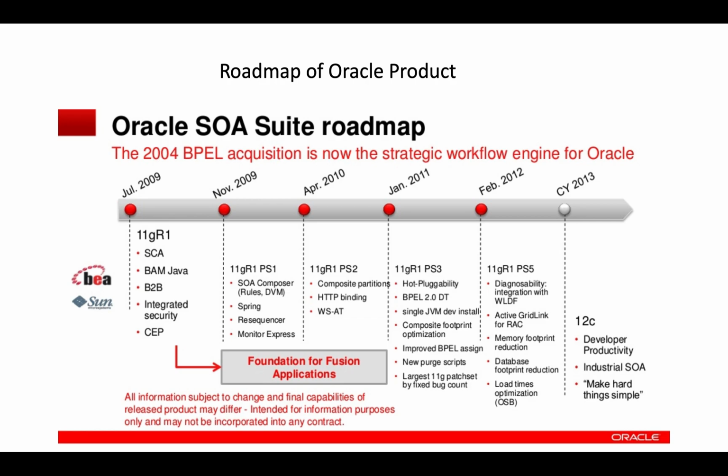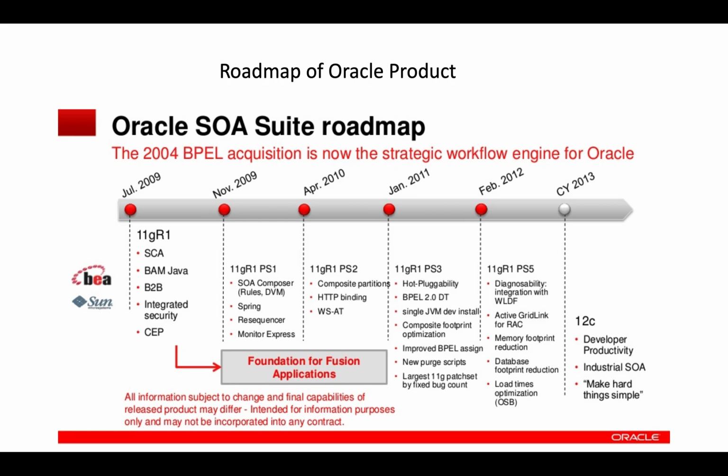The Oracle SOA Suite roadmap started in 2004 when the BPEL acquisition became the strategic workflow engine of Oracle. Then in July 2009, they started with another version, 11g. 11g started connecting with other companies, like B2B.